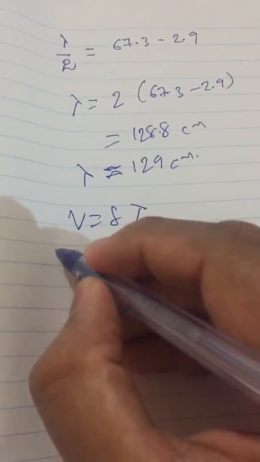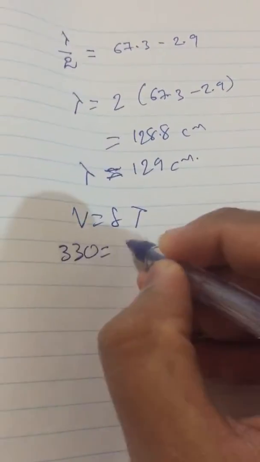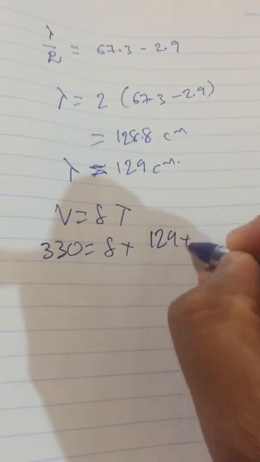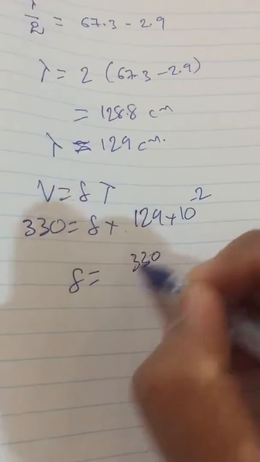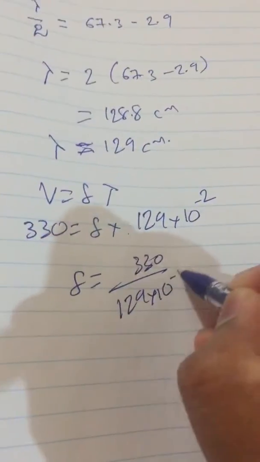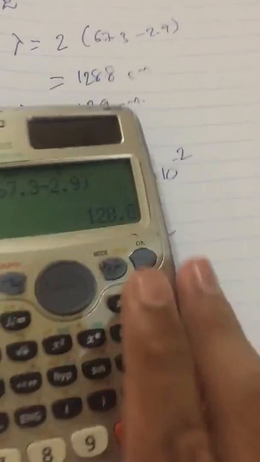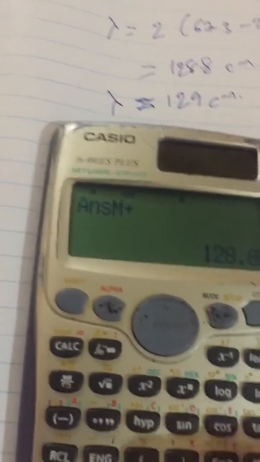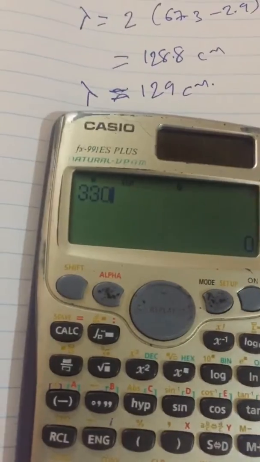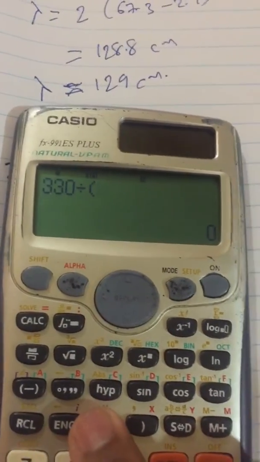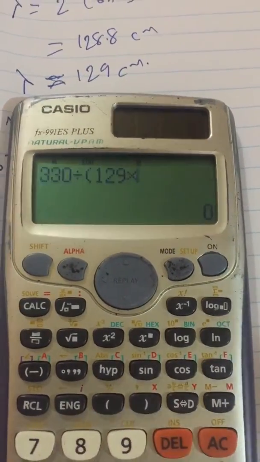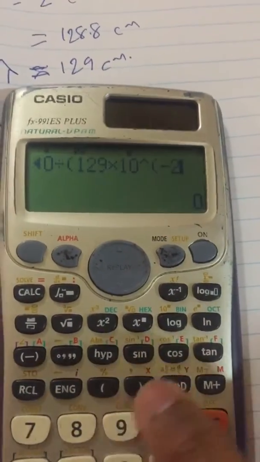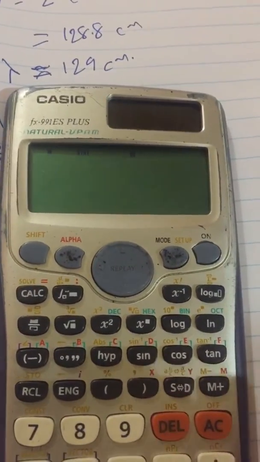Now I have the lambda value. Then v is equal to f lambda, and the speed given in the question is 330, so 330 is equal to f times 129 times 10 to the power minus 2. So f is equal to 330 divided by 129 times 10 to the power minus 2.